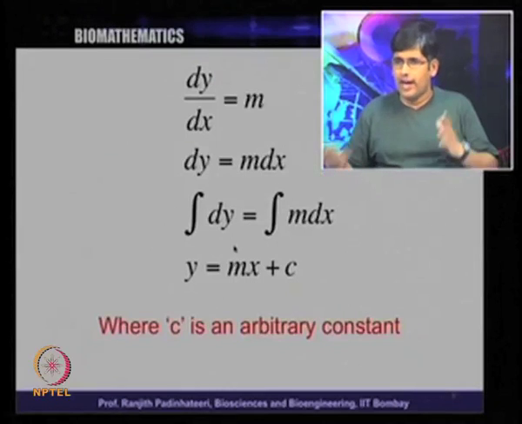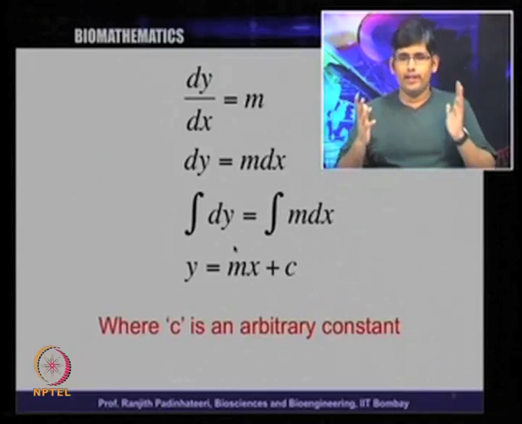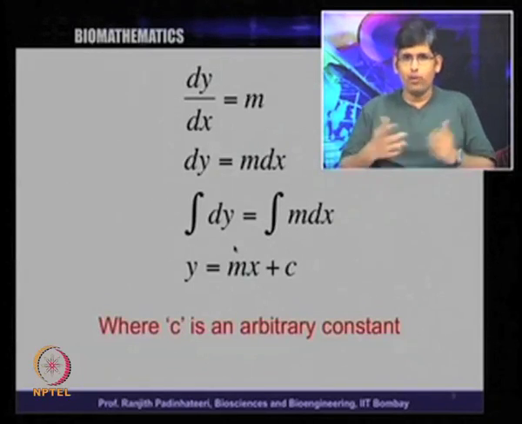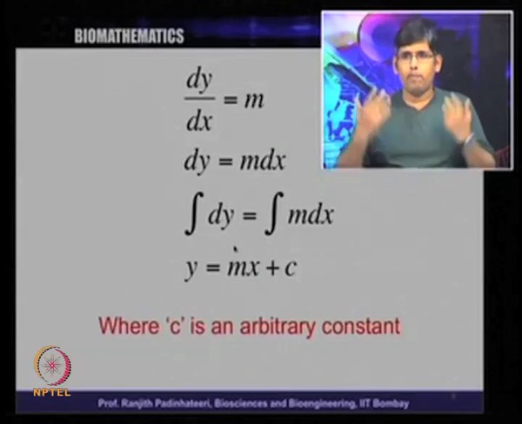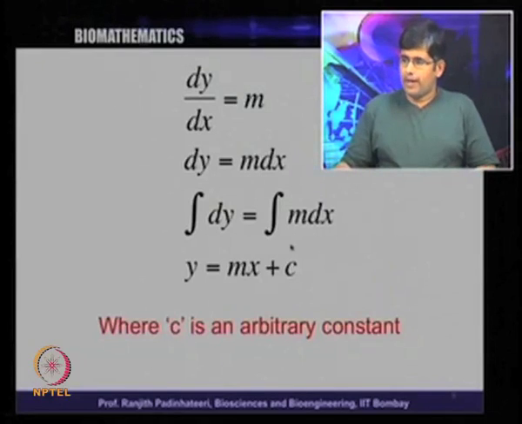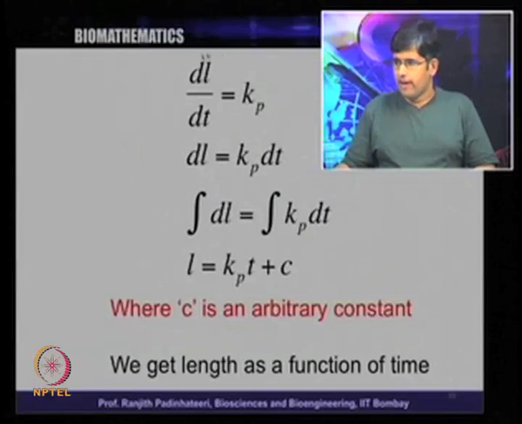So, keeping in mind what we did in the previous lectures, we can try and understand our polymerization problem. We have dl by dt is equal to kp.